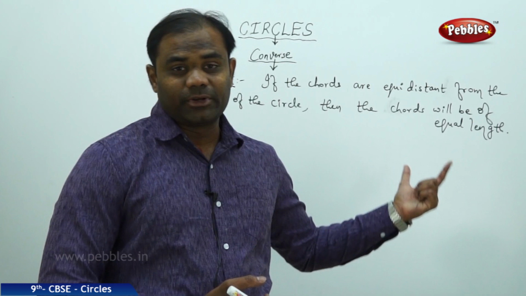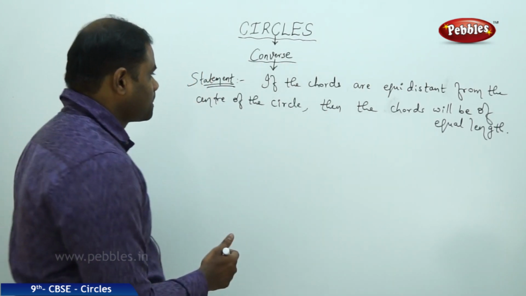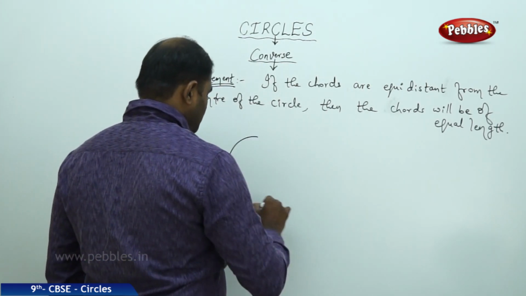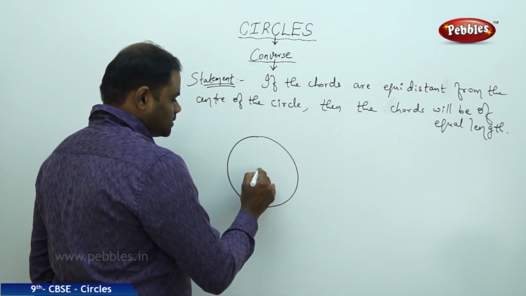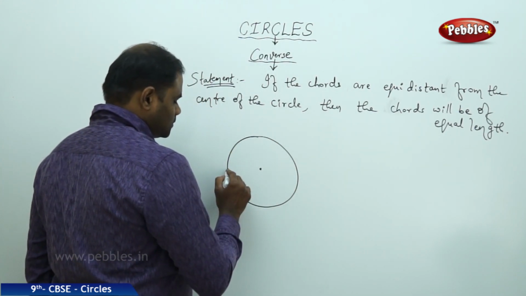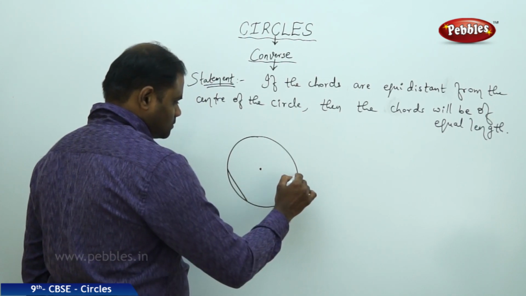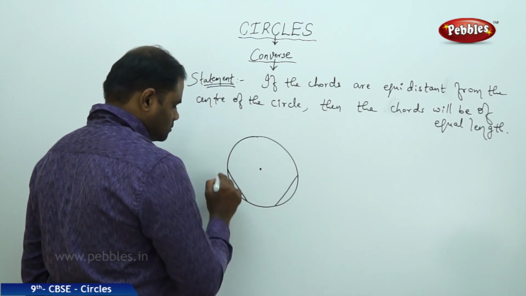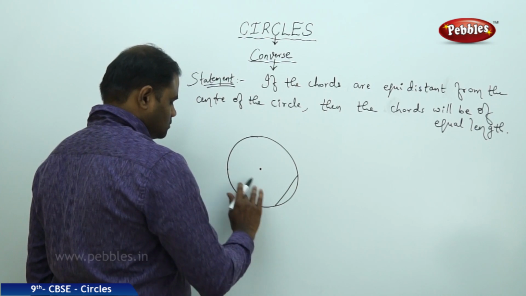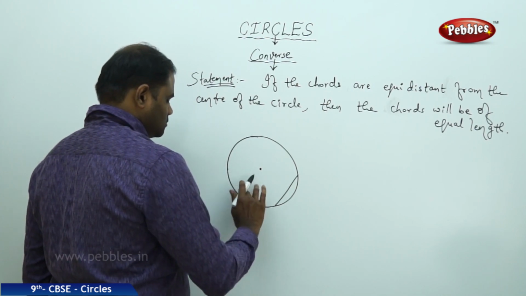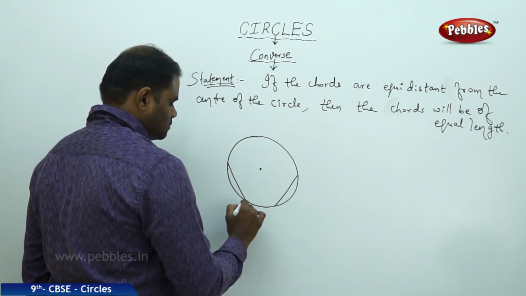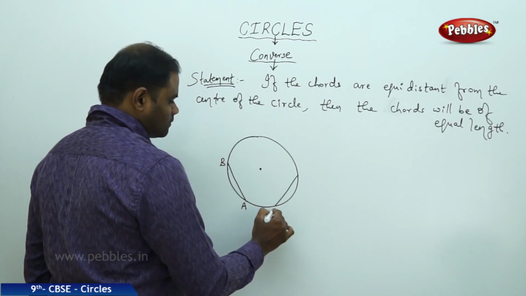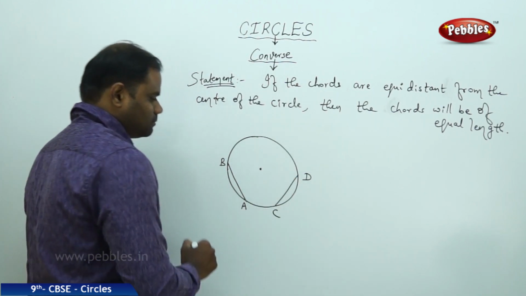Let's see geometrically the property. This is the circle, this is the center, and I have two chords AB and CD.